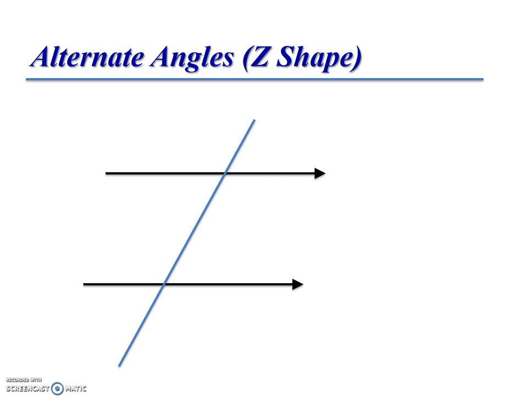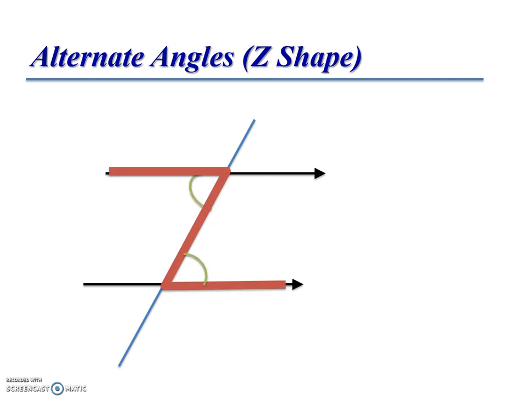Now, can you identify where the Z shape is? Very good. I can show that to you. Now this is the Z shape. Would you like to see that again? The Z shape. Okay.